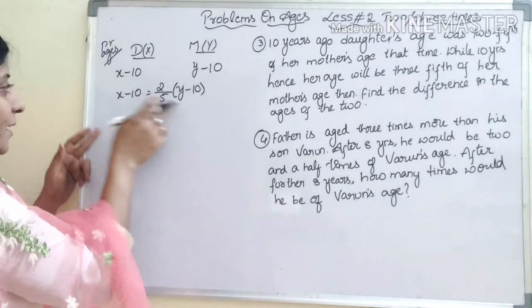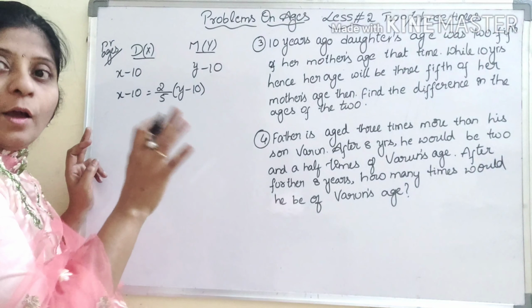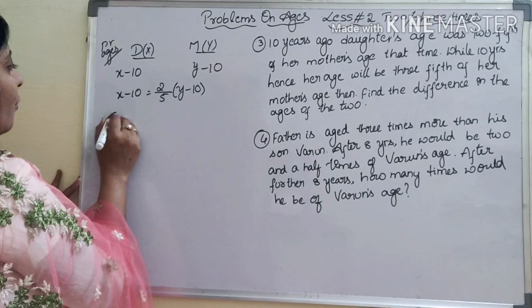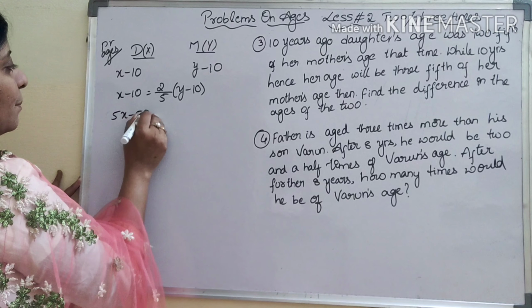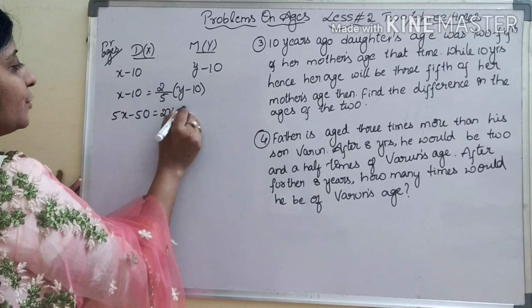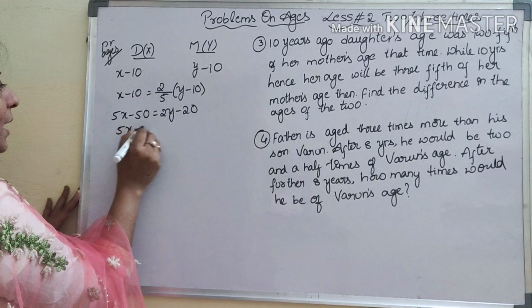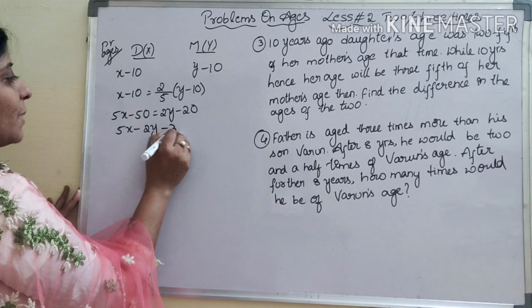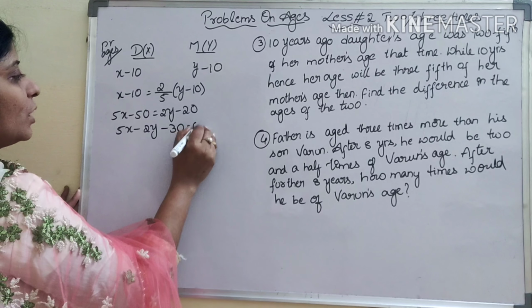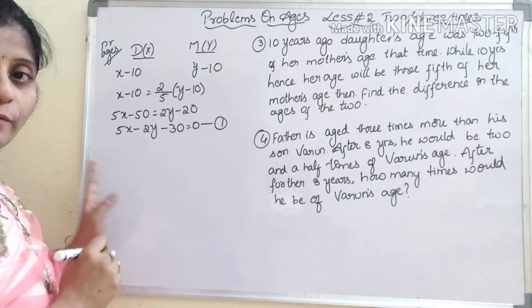So by cross multiplying, we get an equation 5x minus 50 will be 2y minus 20. Taking 2y this side, 5x minus 2y equals minus 30. Let it be equation 1.